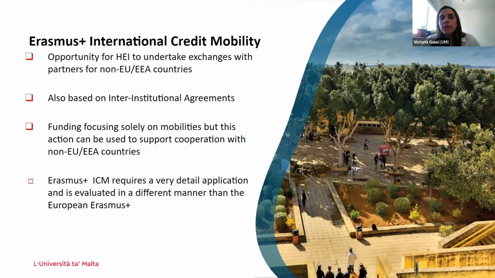This application is a bit more demanding, and we would have to jointly write the application in terms of the cooperation being undertaken with the specific partner. So we have to identify the partners right from the start at application stage. This works a bit differently than the other European Erasmus. But if you do have cooperation and you want to explore this opportunity, do contact us, we'll guide you as necessary.